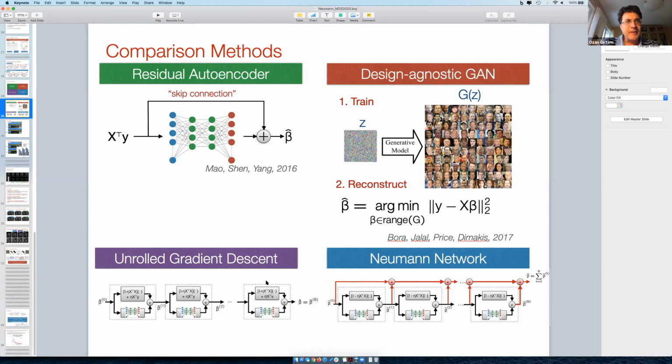Yeah, that's true. What I would say is that we are trying to figure out good architectures, and we're drawing inspiration from optimization methodology to come up with good designs.